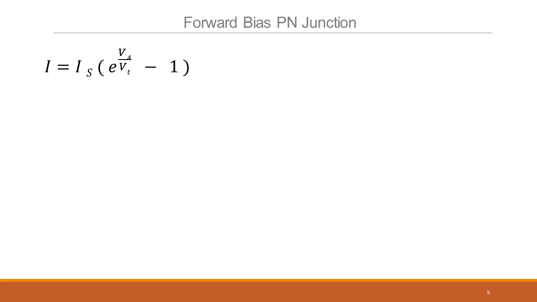So the current is, as we saw in the previous slide, Is e power Va by Vt, minus 1. Let's just plot it for a minute. Let's plot current as a function of the forward bias voltage applied. Since it's an exponential function, for quite some time it will be small, and then suddenly you'll start seeing the change very rapidly.